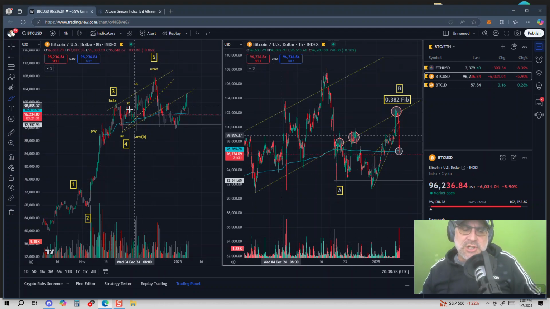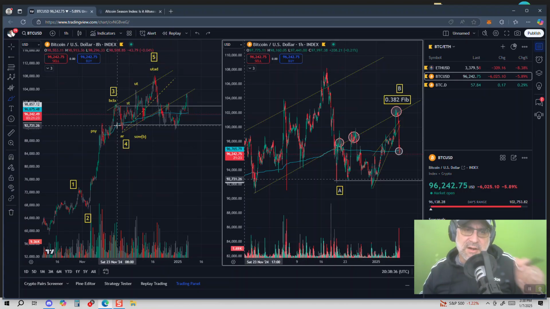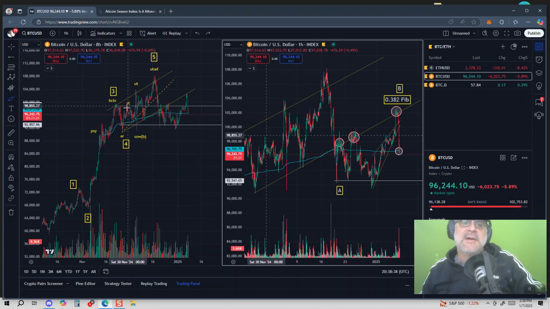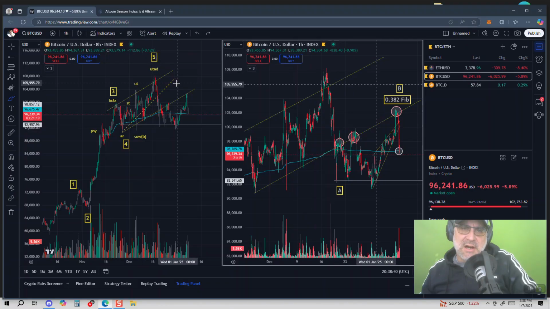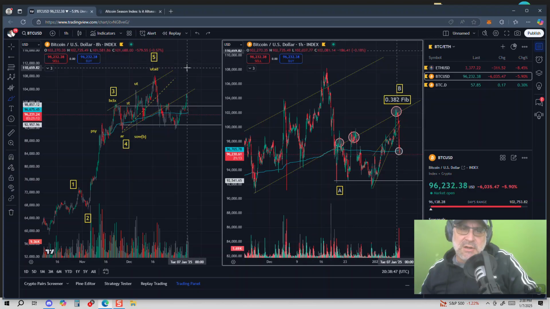So the 8 hour is just a general overview of the structure that we're looking at with the Elliott wave, macro, and the Wyckoff merged. And then I have the ending diagonal up here. This dotted line goes through the channel, designates the ending diagonal.